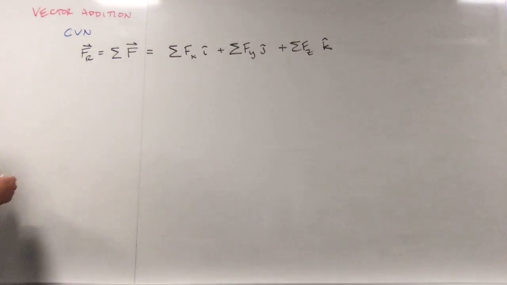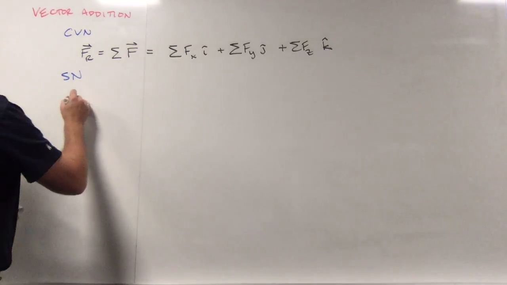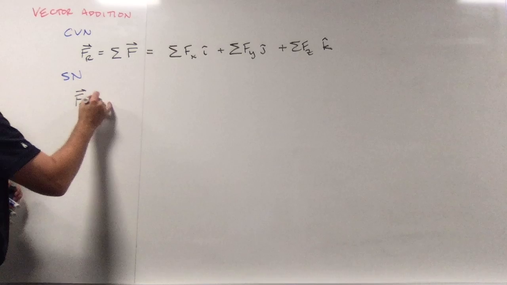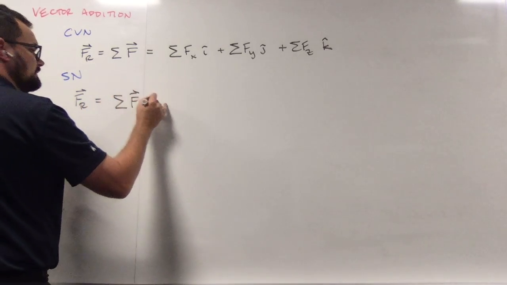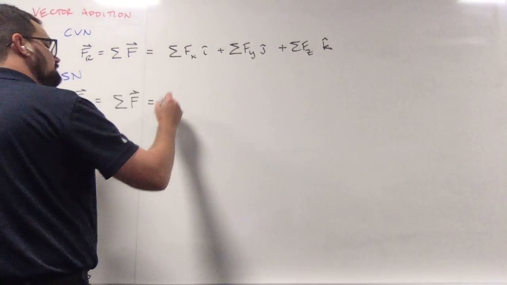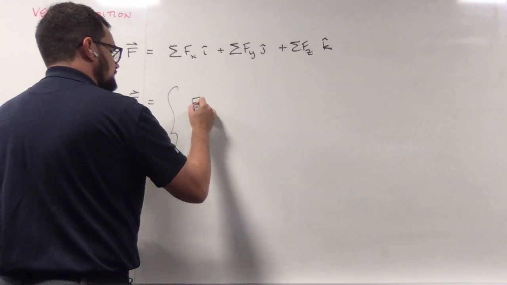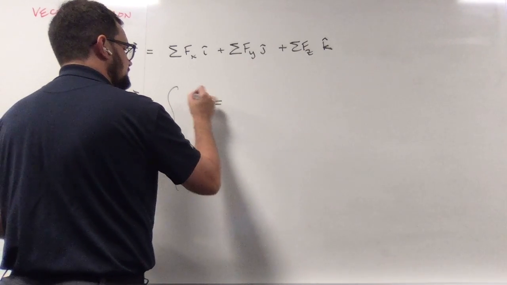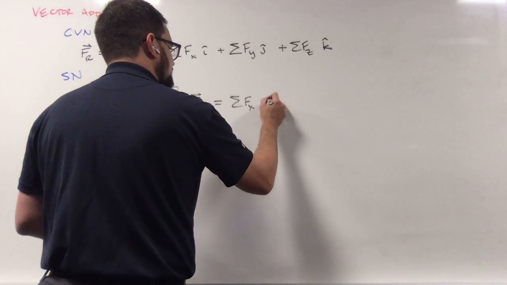We can see that explicitly in scalar notation when we see that our resultant force, again, is equal to the sum of our forces, which is going to be equal to 3 components. So our resultant force in the x direction is equal to the sum of the forces in the x direction.